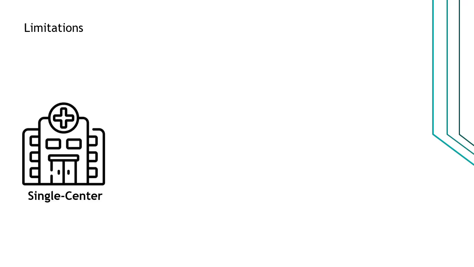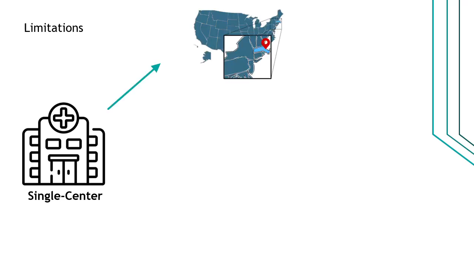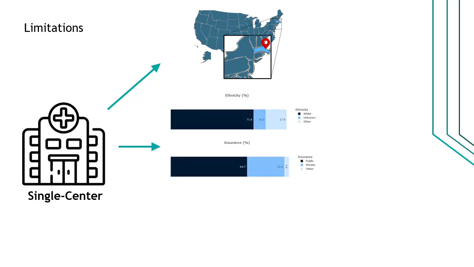As a single-center database, its generalizability is restricted, with social and economic characteristics reflecting the Boston area, which may not be representative of other regions or countries. The dataset also exhibits feature imbalances, such as the majority of patients being white and publicly insured, which could introduce biases into predictive models.